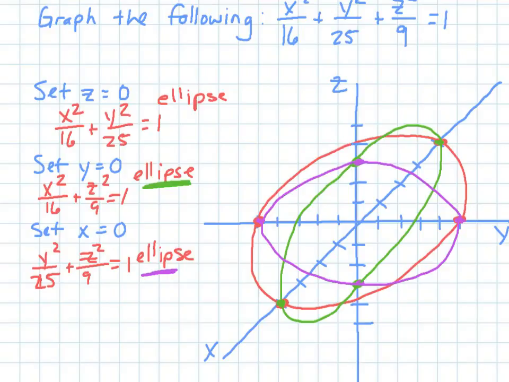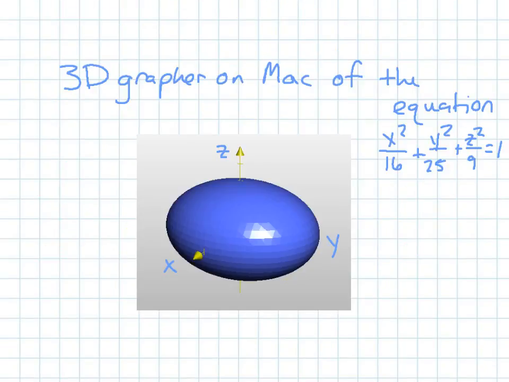Some kids are very good at shading these so that they look like they're supposed to, but sometimes you just can't make it look the right way, because with some of the hyperboloid ones that we do, it's hard to see what the shape should be. That's where the 3D grapher comes in handy. So here I graphed this. This is the shape.